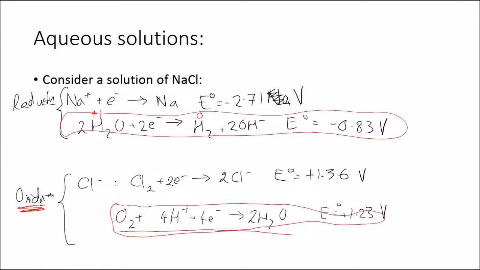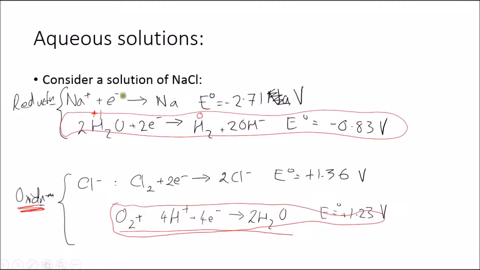Let's have a look back at our example here, with the sodium chloride in water. Now, what we can do is take our equations, but write them in a slightly different order. We just need to think about the four reactions that are happening.